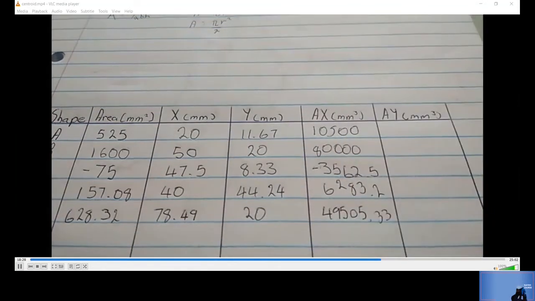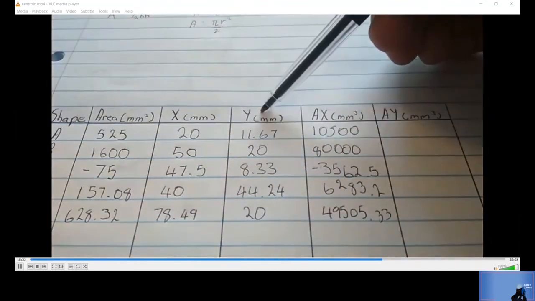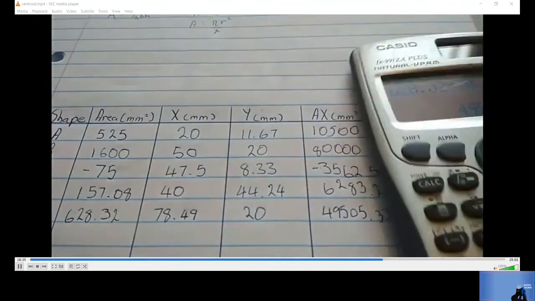Okay. The next one is A times Y. Area times that Y component. First one is 525 times 11.67.